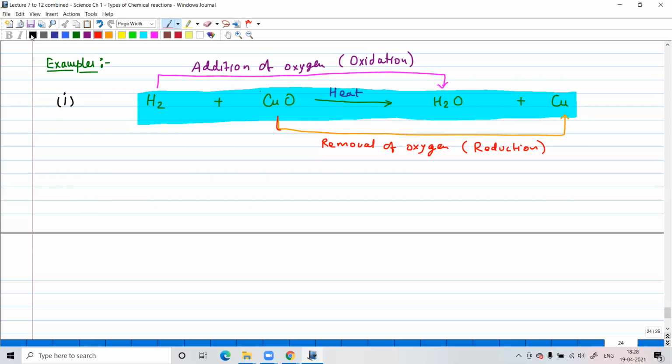You need to know who got oxidized and who got reduced, or which compound got oxidized. It's an important question. They'll give you some reaction and they'll ask you to tell which compound got oxidized, which compound got reduced.